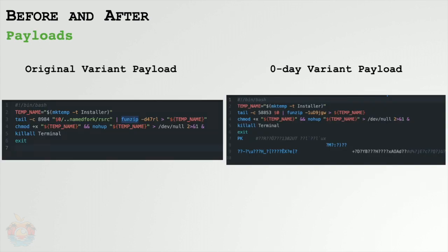From the payloads, on the left side, you're looking at the original variant payload without the 0-day. On the right side, you're looking at the variant payload with the 0-day. I'm next to positive we saw the 0-day variant payload in non-0-day variants as well. I couldn't dig that up or find where it existed, but I'm almost positive we saw it. On the left, in the original variant payload, the only difference is that the attacker would include the zip file as a resource fork on the file.